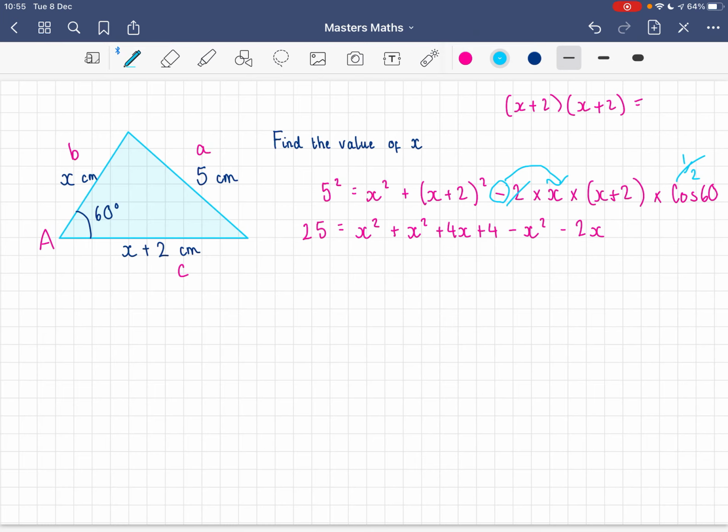So when I expand it into the bracket, I get negative x squared and negative 2x. Lovely. Simplify that now. It's starting to look a bit nicer. So we have 25 is equal to, I've got x squared plus x squared minus x squared, leaving me with just 1x squared. I have 4x minus 2x is 2x, and I have a plus 4.